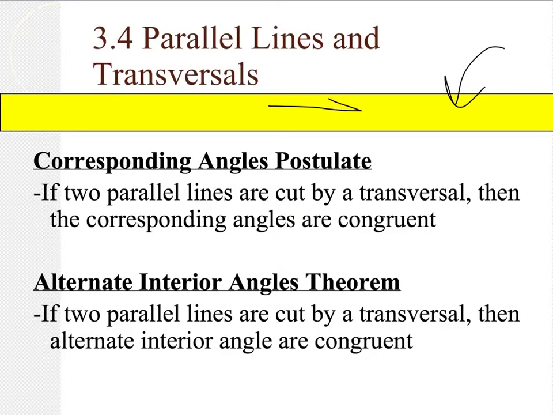Remember, we have two parallel lines, and we can tell they are parallel by those beautiful arrowheads there, and we have another transversal coming down. Corresponding angles being an angle here and an angle here, those two, because those lines are parallel and the transversal cuts them both, those are now congruent. So all corresponding angles would be congruent.